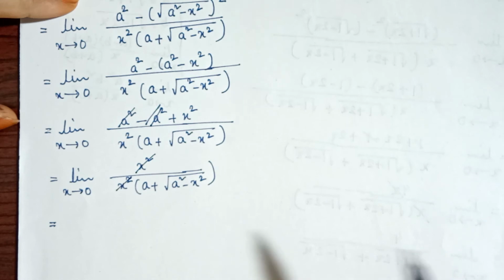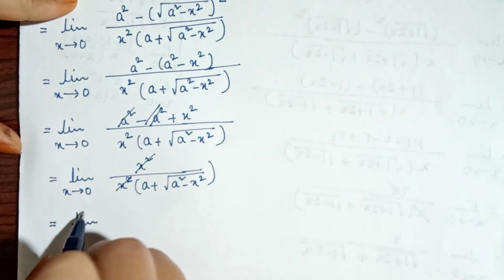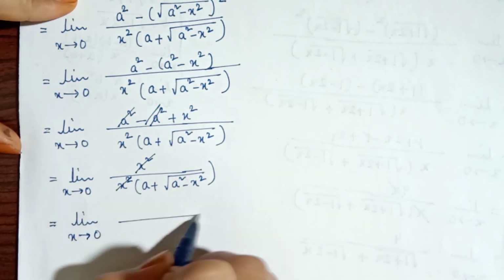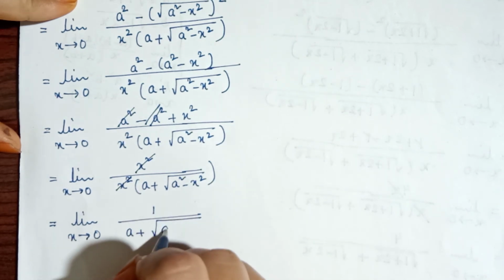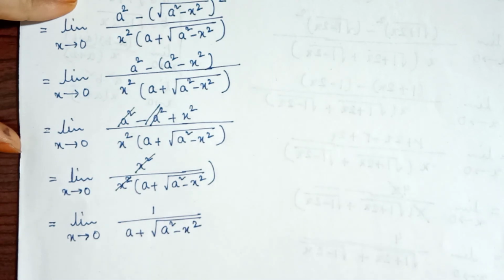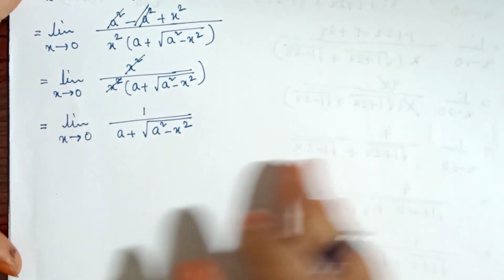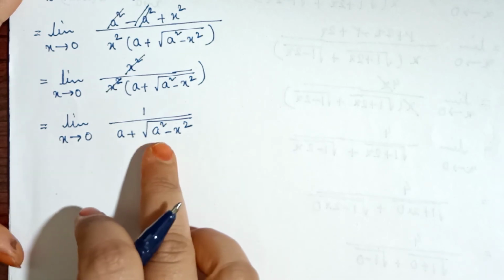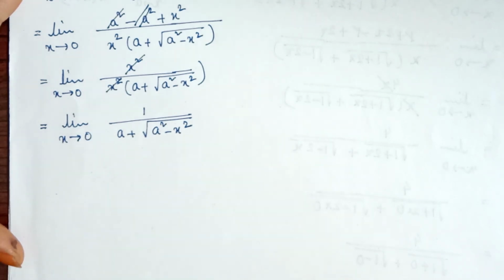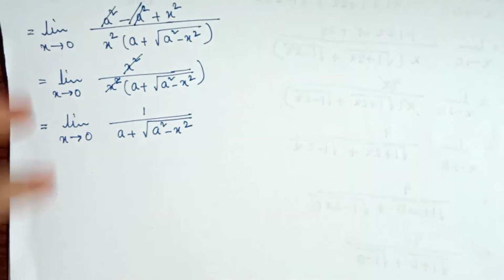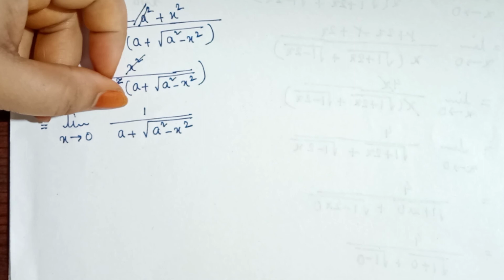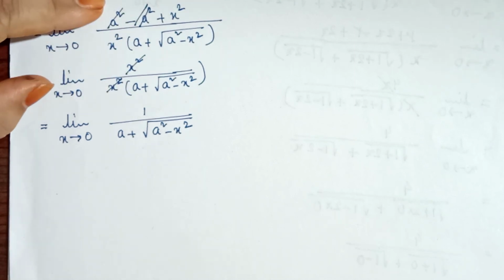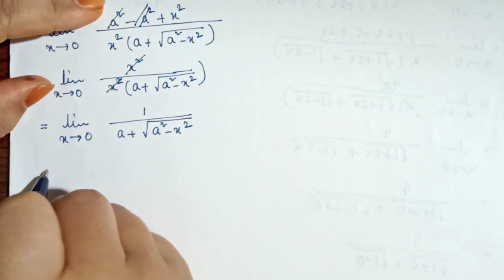So now we can cancel these values. So after cancellation, the values are 1 by a plus root over a square minus x square. Now if you directly substitute x equal to 0 here, then we will not get the value 0 by 0 term or divided by 0 term. That's why now we can directly substitute x equal to 0.